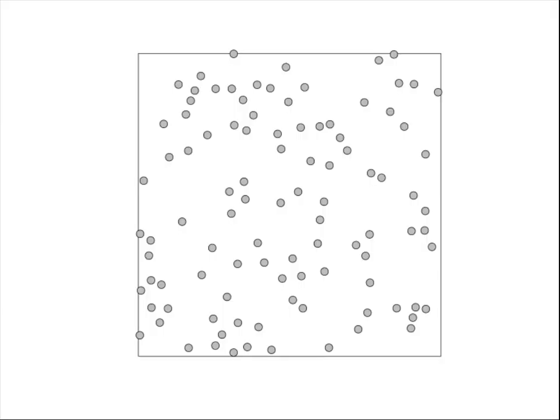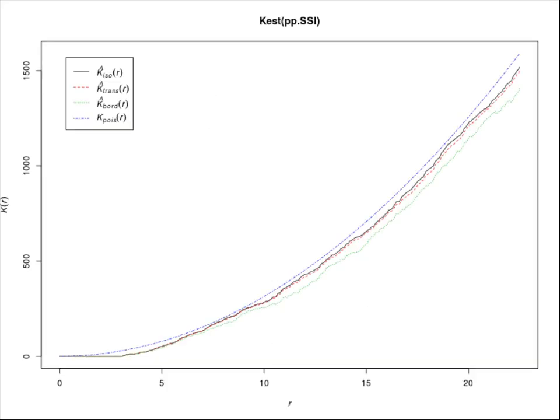Here's an example of the regular distribution we talked about on Wednesday. They're all nicely spaced out, none overtopping each other. There's been some sort of inhibition process. This blue dotted line on top, which is really hard to see, is our expected value.